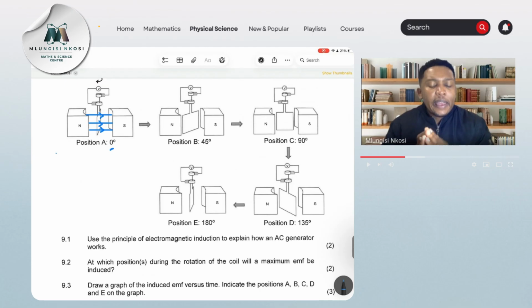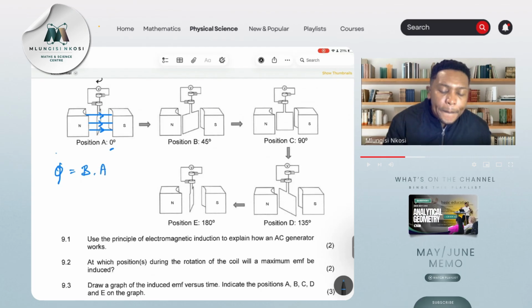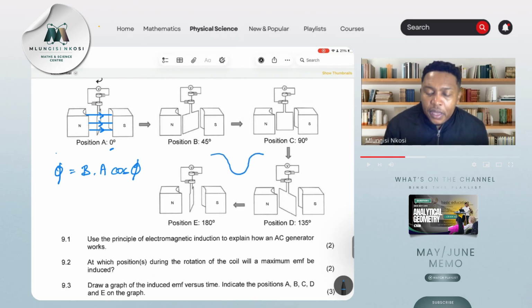Remember what we said: for maximum, remember the cos graph, this is what it looks like.